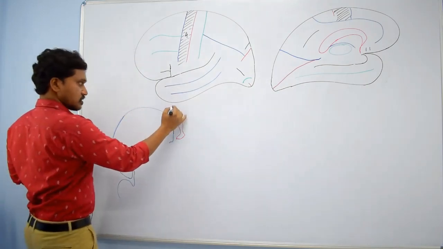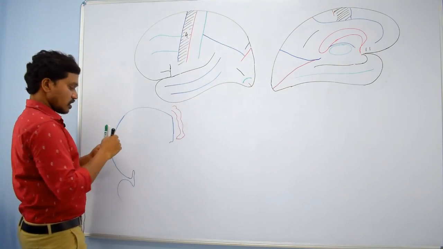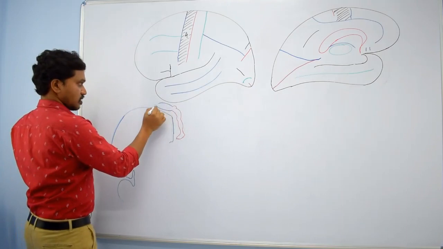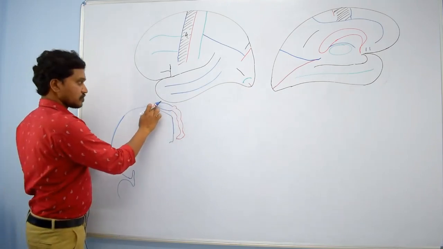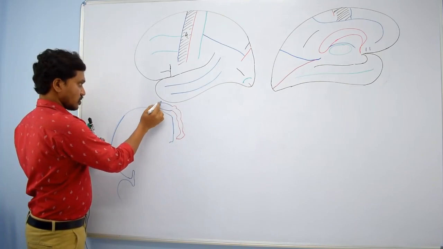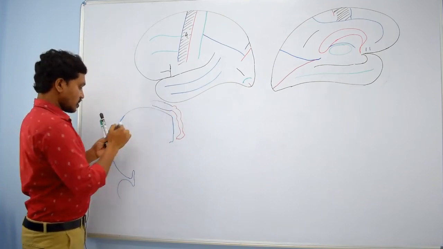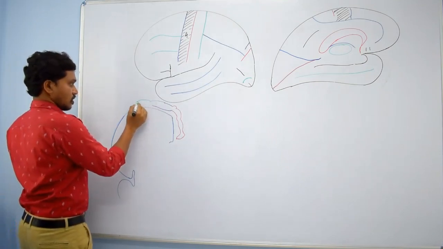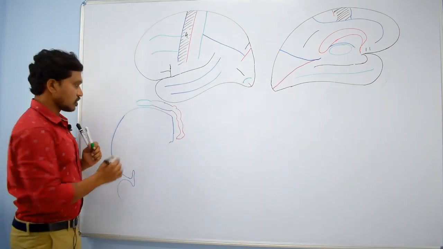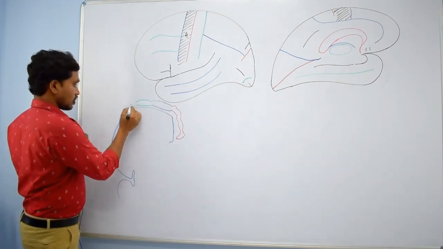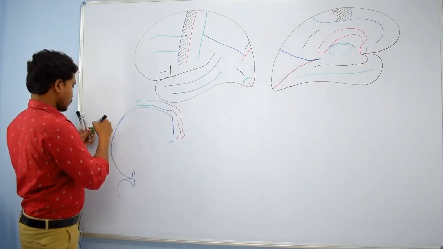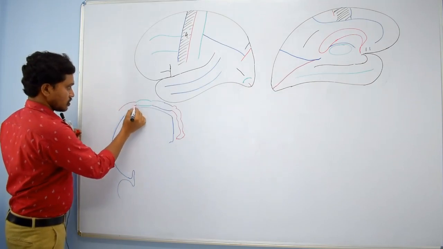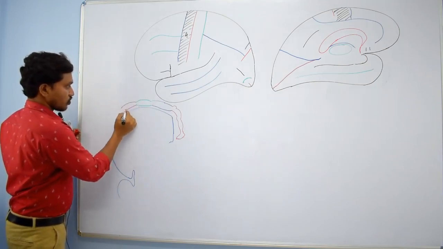Then after thighs, trunk here, right? After trunk, then what will be there? Shoulder, right? After shoulder, elbow, then this is elbow and this is forearm.